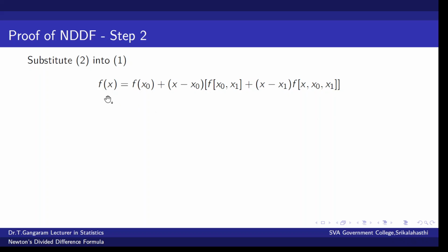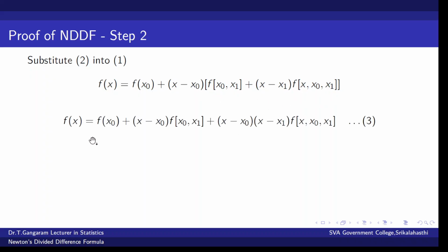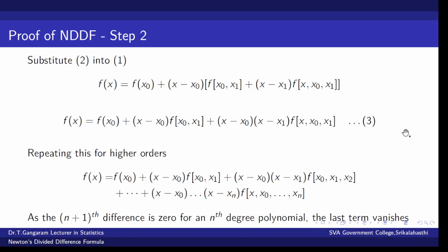f of x can be written as f of x0 plus x minus x0 into f of x0 comma x1 plus x minus x1 into f of x comma x0 comma x1, multiplying x minus x0 into the inner terms. We get f of x is equal to f of x0 plus x minus x0 into f of x0 comma x1 plus x minus x0 into x minus x1 into f of x comma x0 comma x1, the third equation.